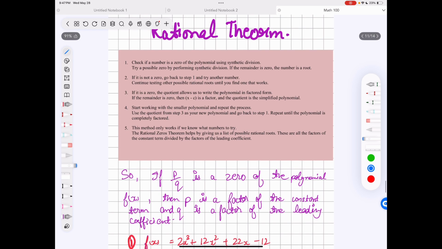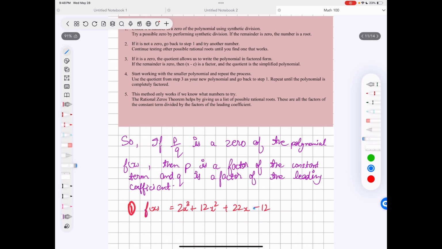If we get a remainder equal to 0 by performing synthetic division, then we have a root, and we can continue with the number that we chose. If it's not 0, we go back to the first step and try another number. We continue testing possible rational roots until we find one that works.